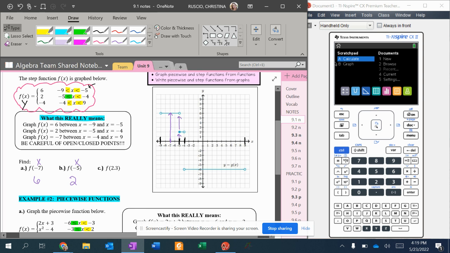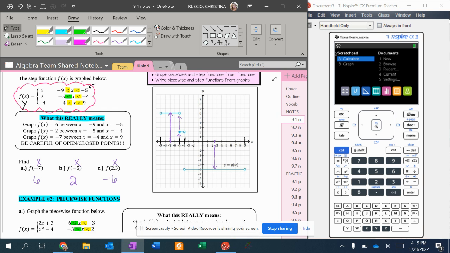No, because it's an open point. Open point means that it's not actually there. It gets really, really close to it, but it's not actually there. And then when x is 2.3, that's somewhere here. If we look down below, that is at negative 6.